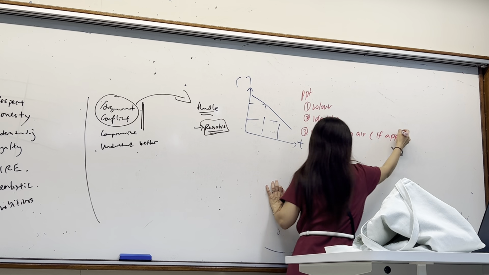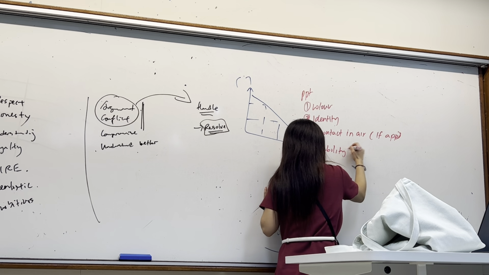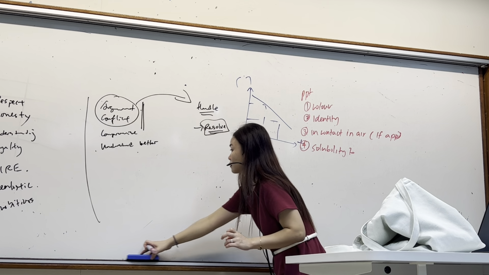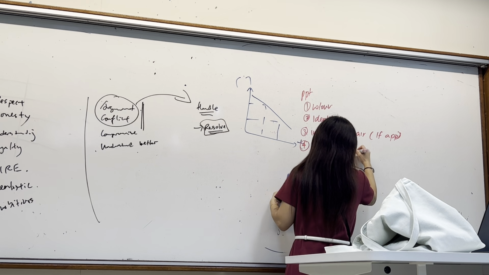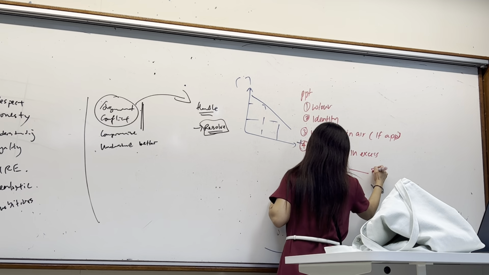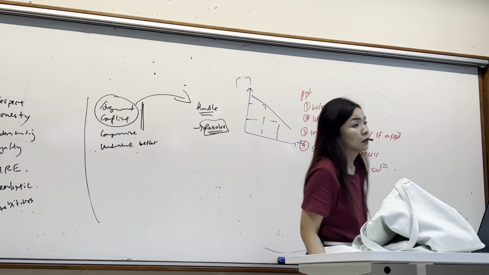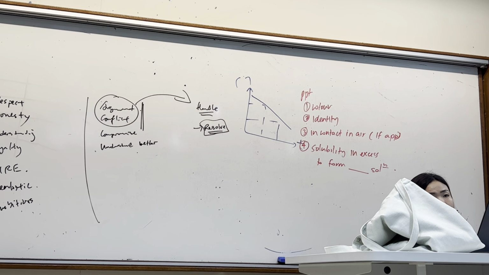And of course, I want the solubility in excess to form what solution? Okay, for example, in test A, off-white PPT of manganese hydroxide, turns brown on contact with air, insoluble in excess. Blah blah.